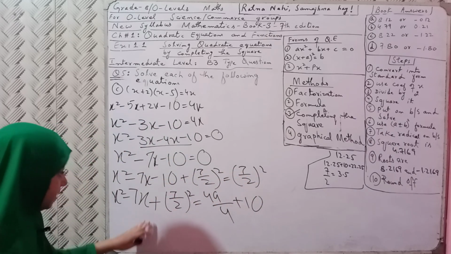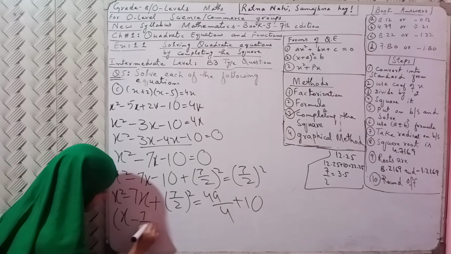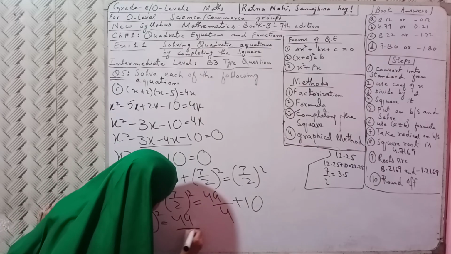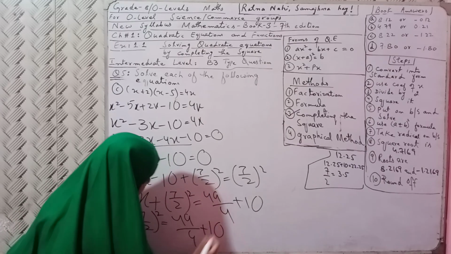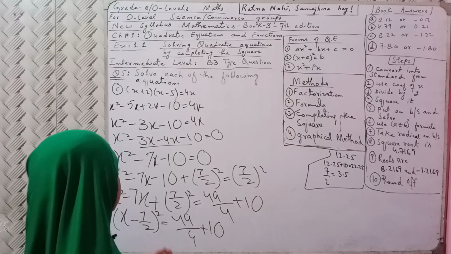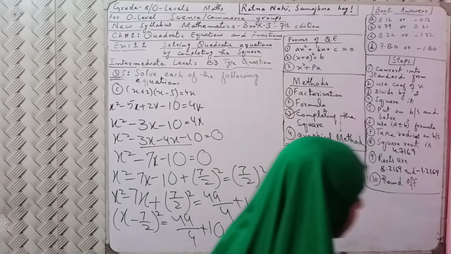Now we will use a minus b whole square formula. So (x minus 7 upon 2) whole square is equal to 49 upon 4 plus 10. Here we will divide it.